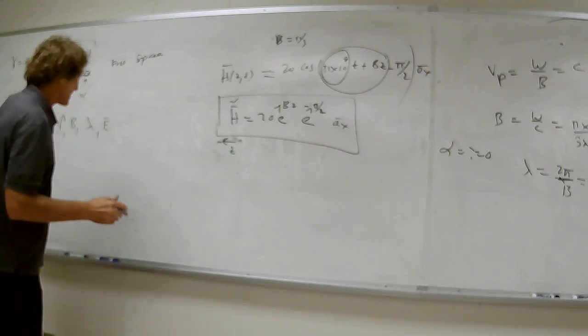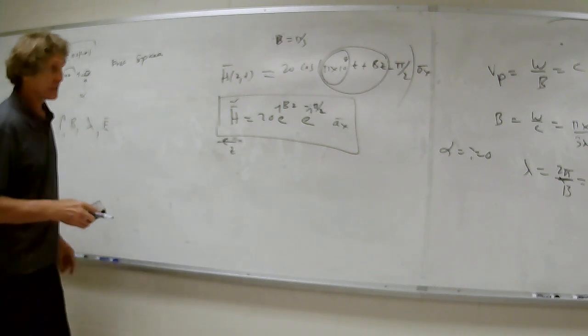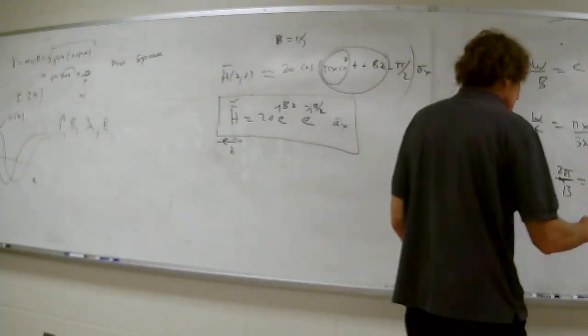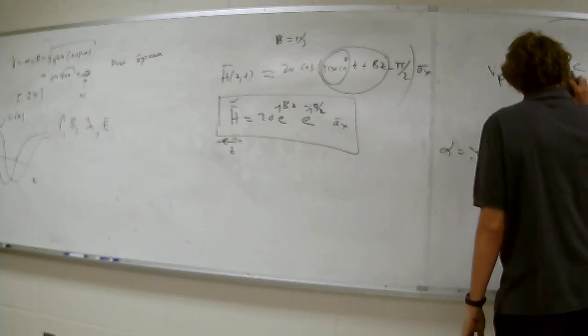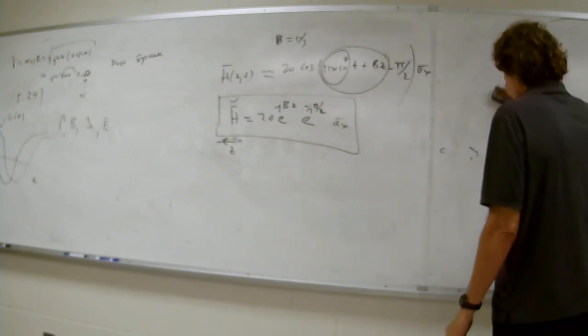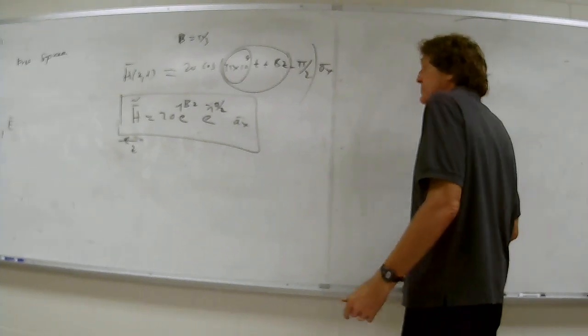You could, if you wanted the E field, I'll do it over here. This works all the time, but I'm going to show you a trick. What I'm about to show you will work no matter what.